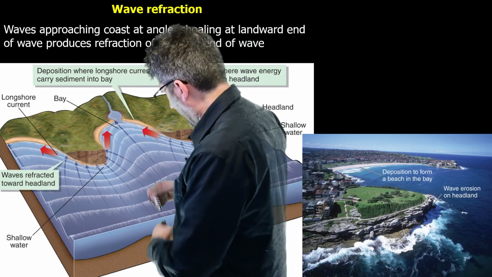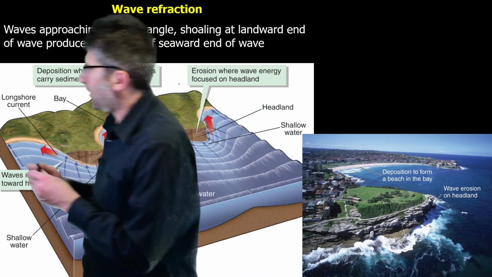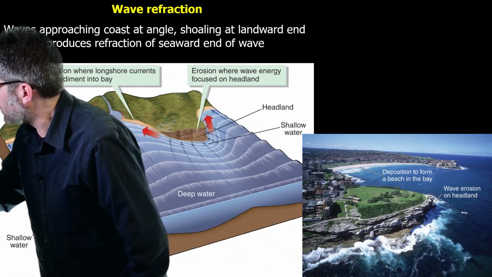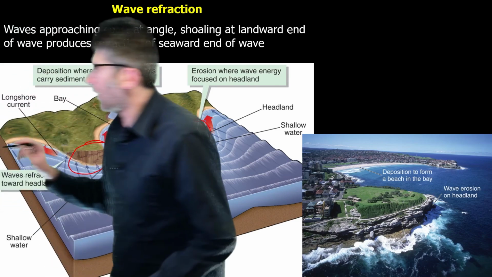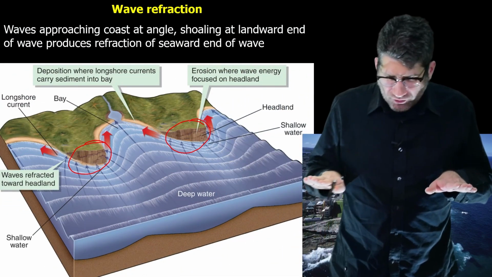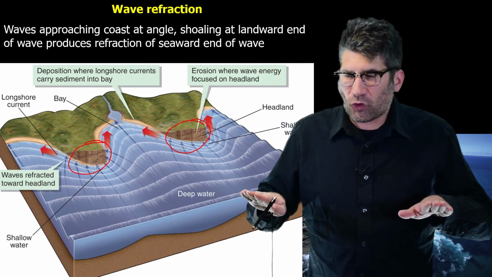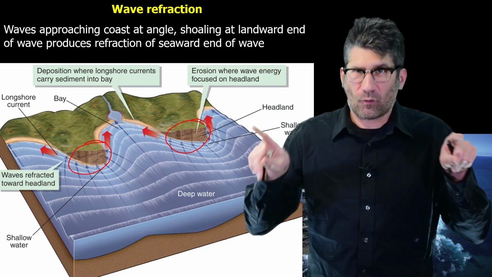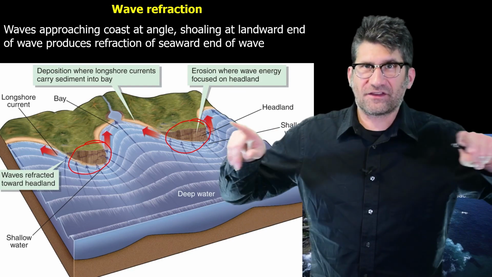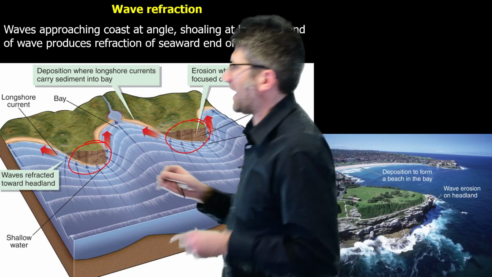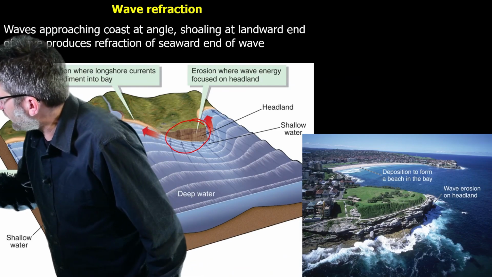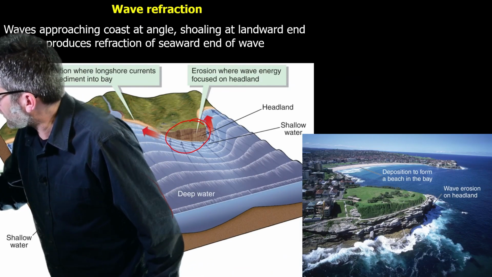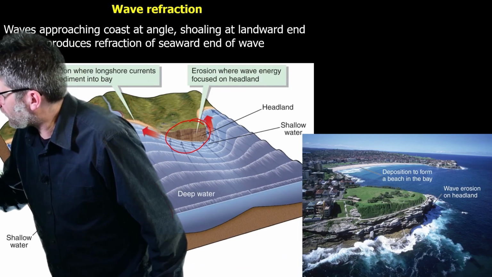This is the headland right here, two headlands right here. As the wave is coming ashore, it shallows towards the headland. The headland is going to be the shallowest water, and so the wave refracts towards it, it slows down and bends. A wave coming in here is going to start to bend towards the headland.